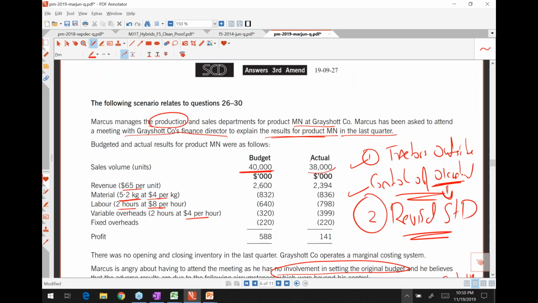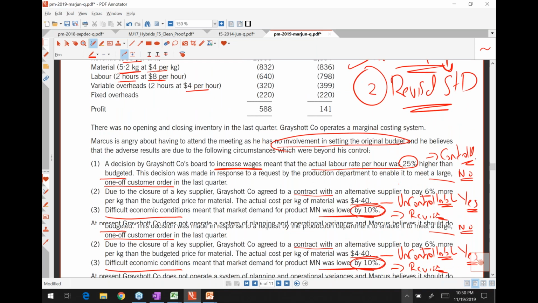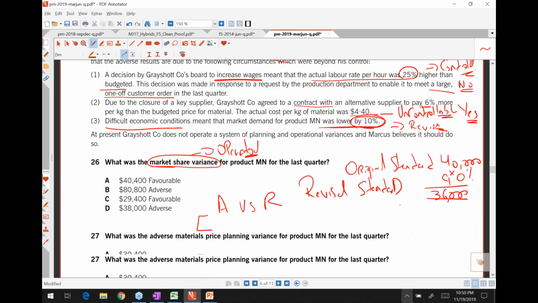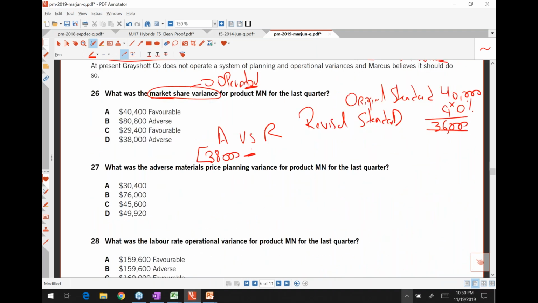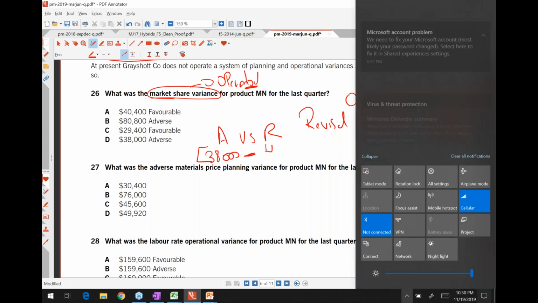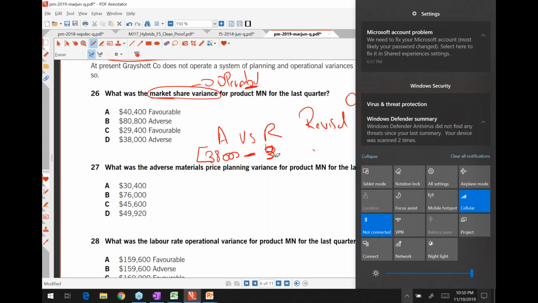Actual is 38,000. What is revised? Revised is 36,000. Revised is 36,000, multiplied by what?